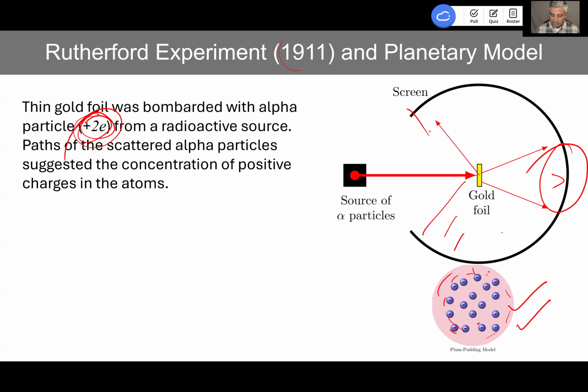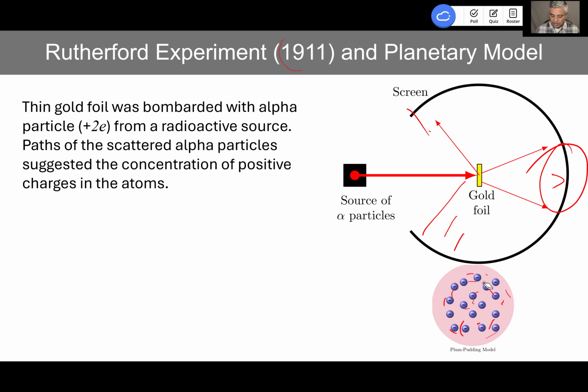So this model given by Thomson, the plum pudding model, must not be correct, because the positive charges are not everywhere.